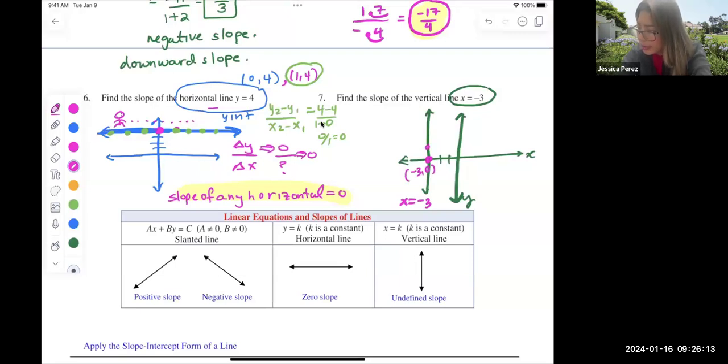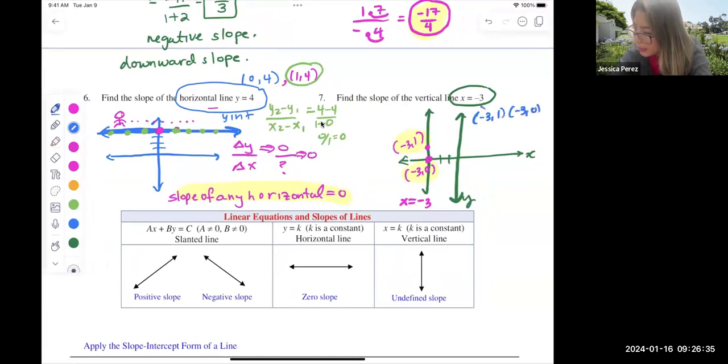And then up here, let's select a point, let's say -3, 1. Now these are my points.